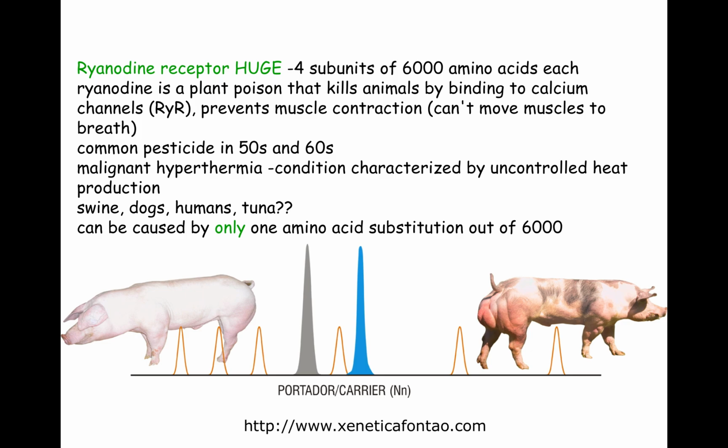They identified the mutation that led to this as being a mutation in the ryanodine receptor, and it's only one amino acid out of 6,000 that causes this. And these are just the sequencing traces of DNA sequencing to show which amino acid was different in these pigs versus a wild type pig.